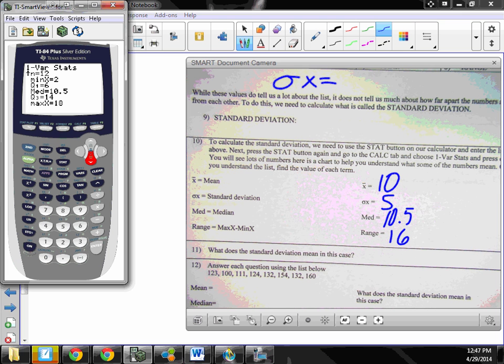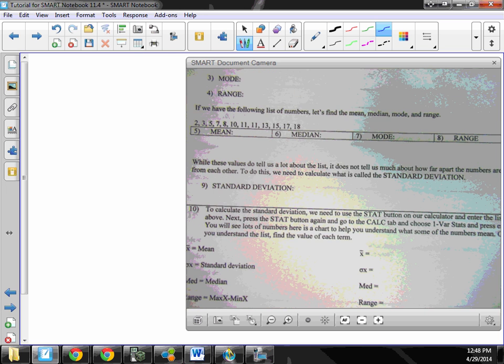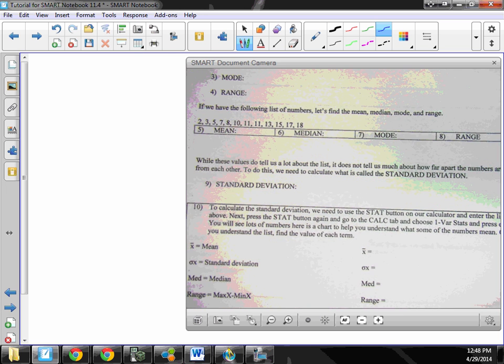So, here is how standard deviation works. Okay? If you look at our list, right there, and we know that the mean is 10. The standard deviation is a measure of how far the numbers are away from 10.